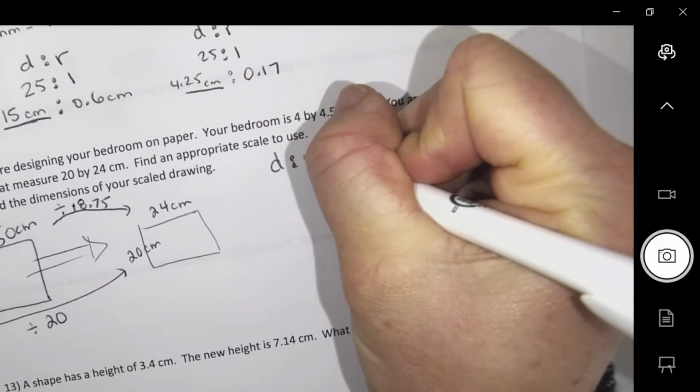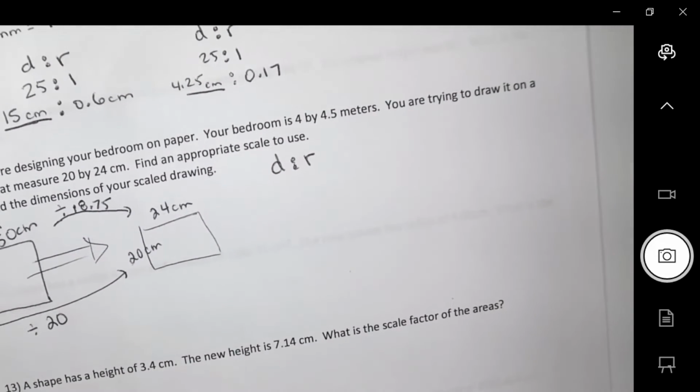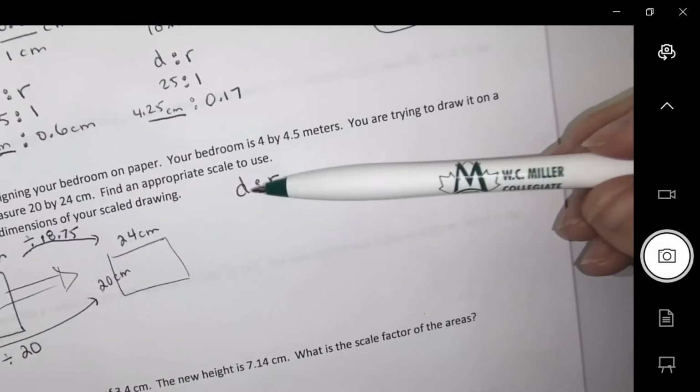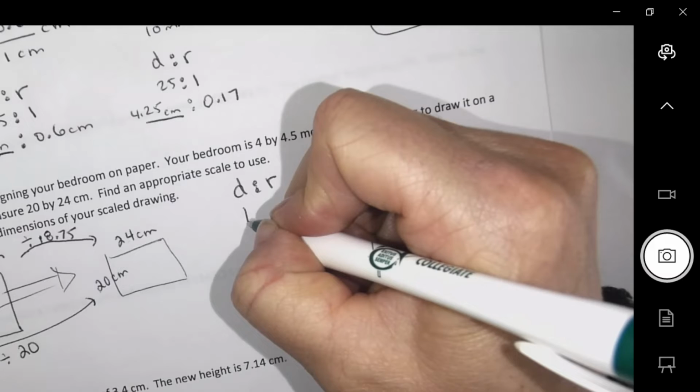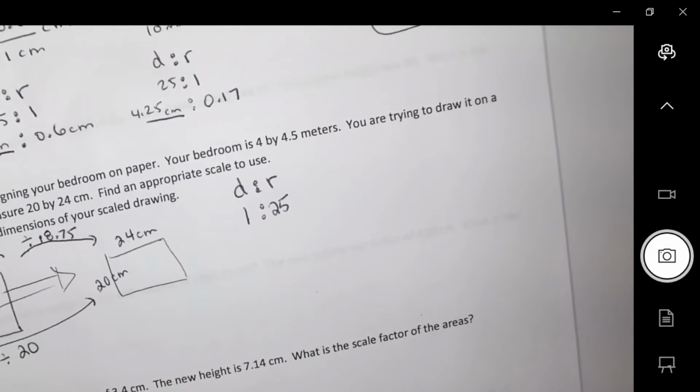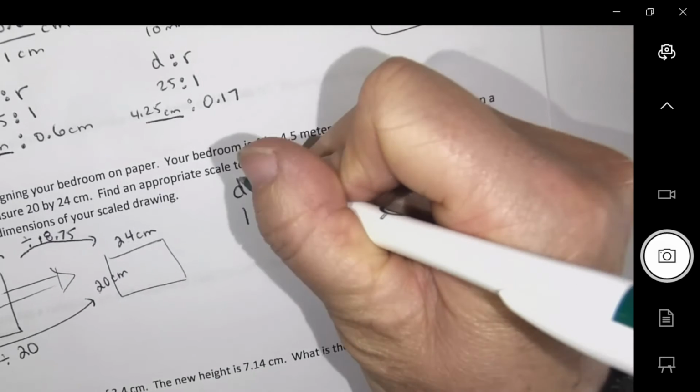How do you want to write the 1 and the 25? What is diagram? Every one on the diagram, we're going to use 25 in the real life. So that's the scale.